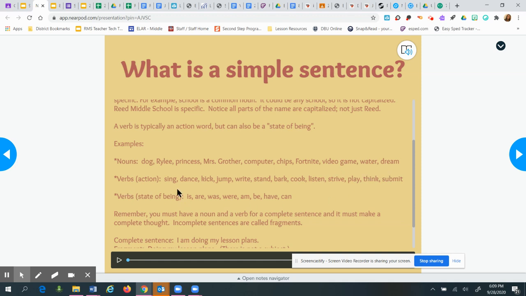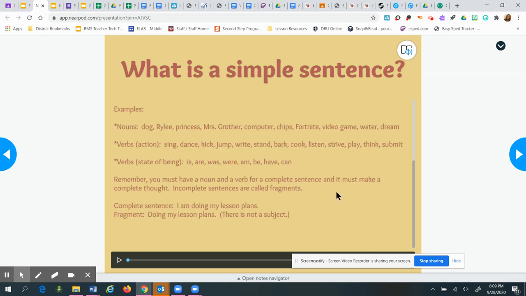Action verbs are things like sing, dance, kick, jump, write, stand, bark, cook, listen, strive, play, think, and submit, like when you submit your lesson when you're finished. The state of being verbs are verbs like is, are, was, were, am, be, have, and can.